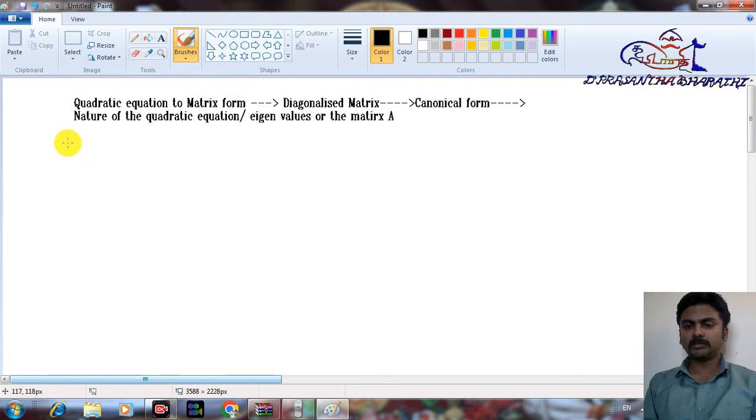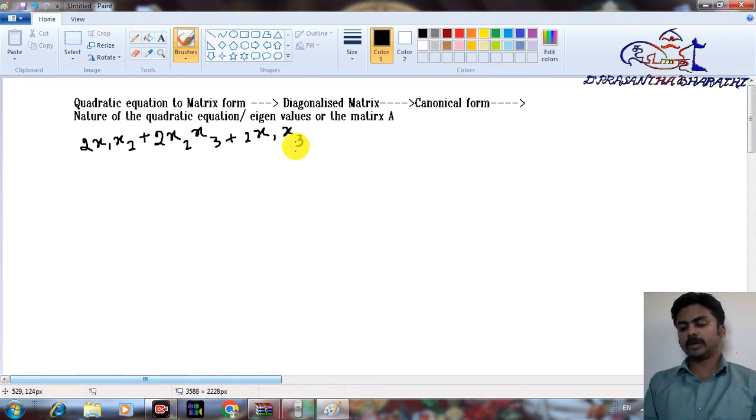So for this we want to write an equation. Our quadratic equation is 2x1x2 plus 2x2x3 plus 2x1x3.